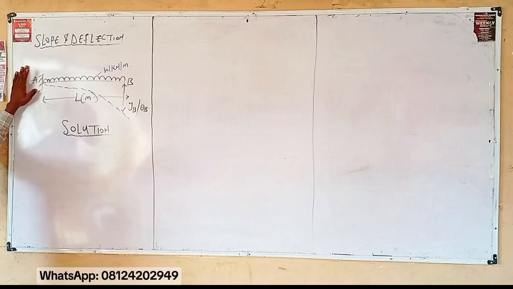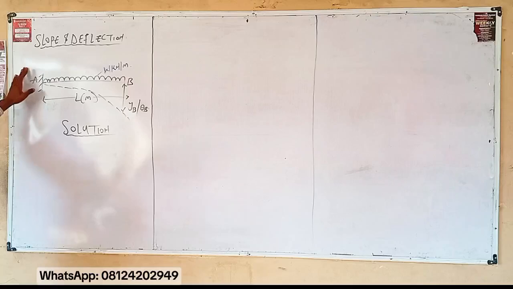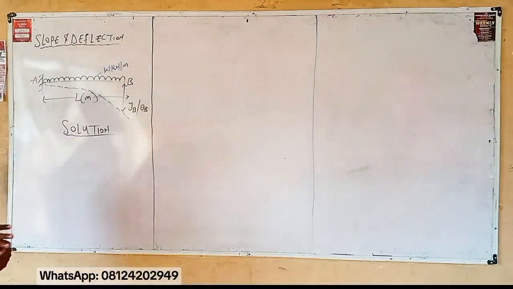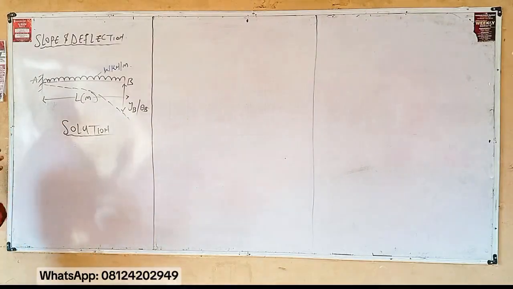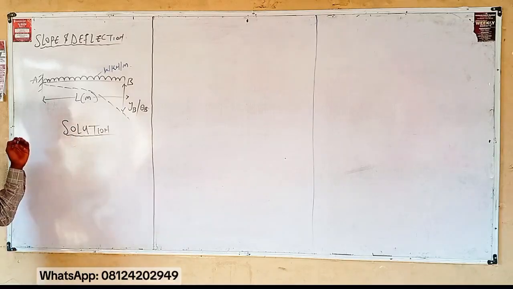Slope does not occur at the fixed end. Likewise, deflection. Meaning there's no rotation. The idea of slope is that your beam is rotating, while for deflection, your beam is deflecting from the original position.